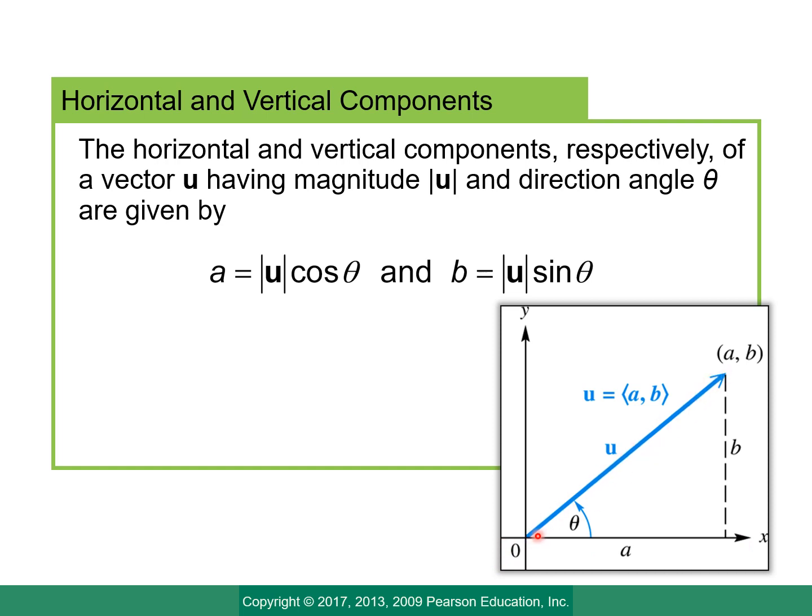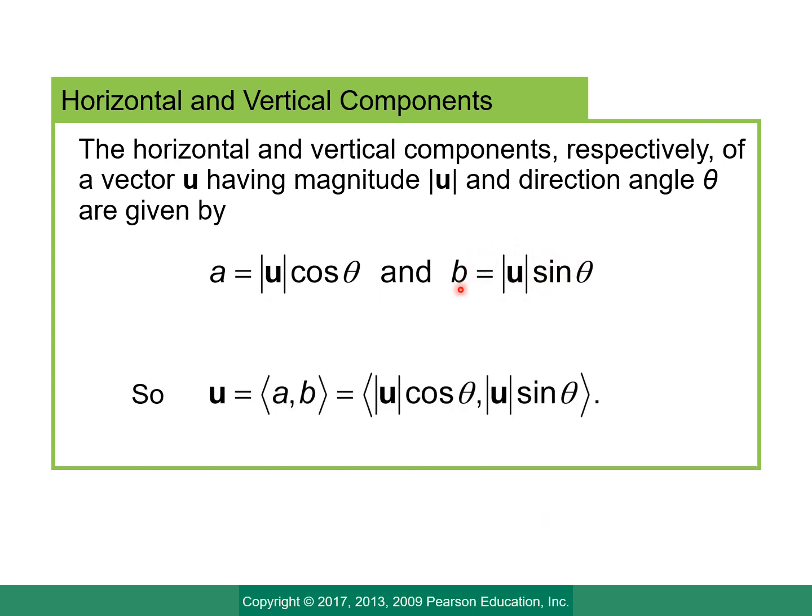So cosine theta is a divided by u, the magnitude of u, the length of this vector. If I wanted to solve for a, I would just multiply both sides by u, and that's how we come up with what a equals. The very same thing happens when you solve for b, the vertical component.